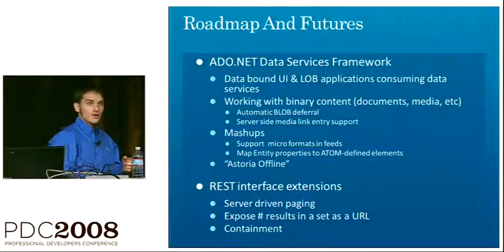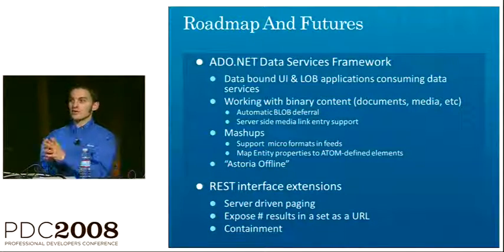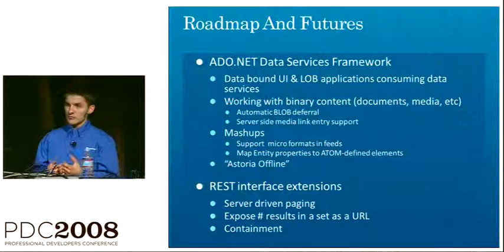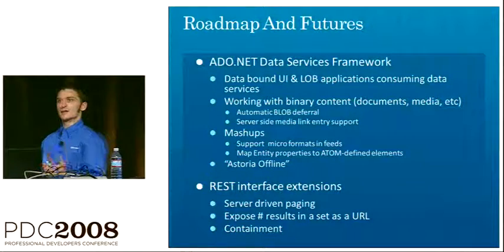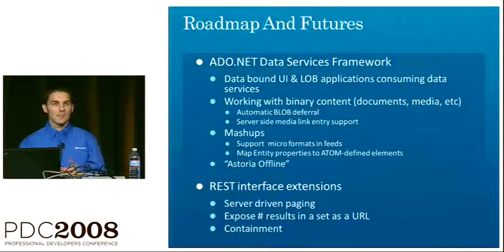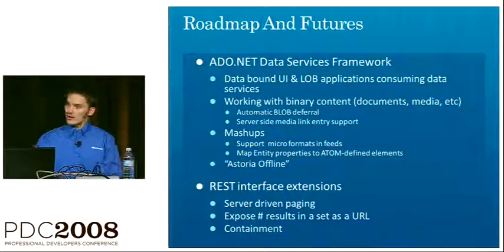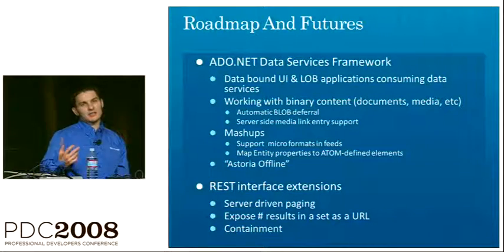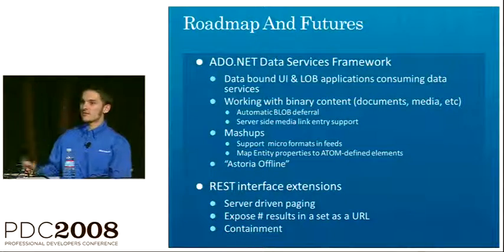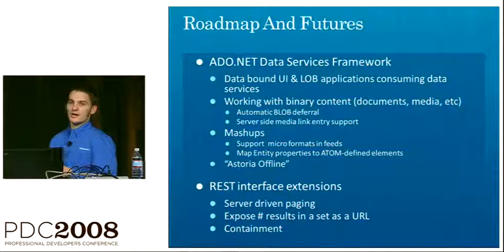Lastly, so far we've been required to have a connection to each one of these services as we've been talking to them. We've been using client libraries that are connected libraries. They make requests in the back end to the service to pull data. What we're doing is taking the Data Services Framework, and we're working on a project right now that we're dubbing Astoria Offline that makes it very, very easy to work with one of these data services even when you're not connected to them.